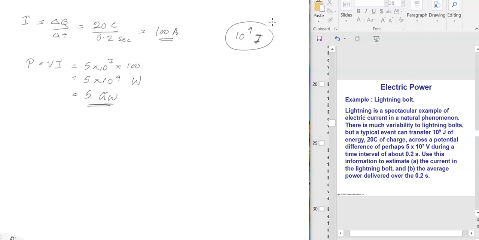But if somebody can figure it out, this many joules is about the average household electricity usage per month in one house. So one lightning bolt can power a regular size house for a month.